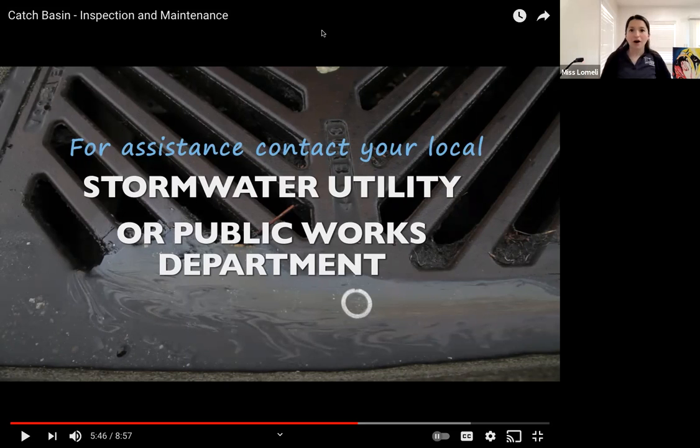Next time you're in a car and you're driving, put down the phone and take a look at all the storm drains that you see. I was driving this weekend, so many different cities. I was in Huntington Beach, Fountain Valley, Costa Mesa, and all over Santa Ana. And all the cities have different types of storm drains. Some have the grate, some don't have the grate. There was a long period of time before I saw a storm drain.